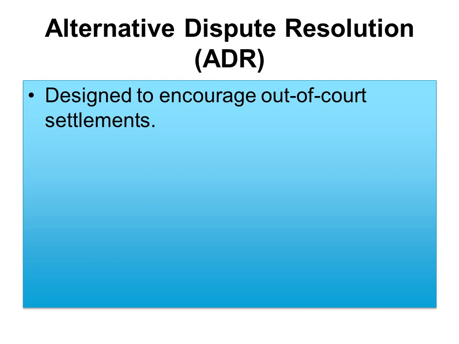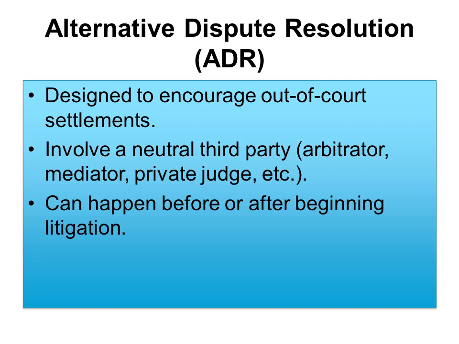Also know that either of these types of alternative dispute resolution can happen either before or after beginning litigation. Civil litigation can be prompted by a complaint filed with a court, but alternative dispute resolution is still possible even after that point. We're going to discuss some of these alternatives in the following slides.